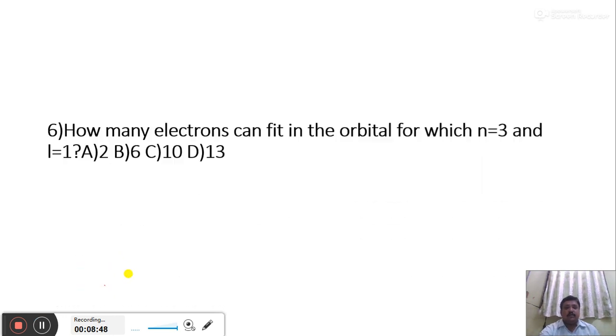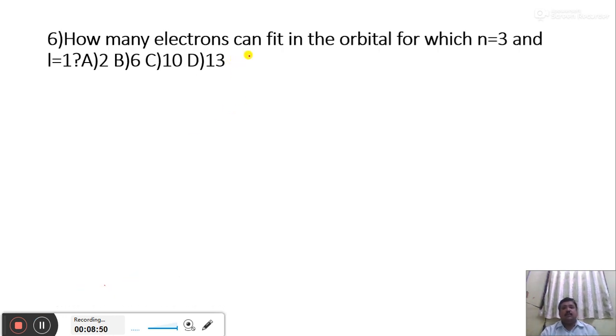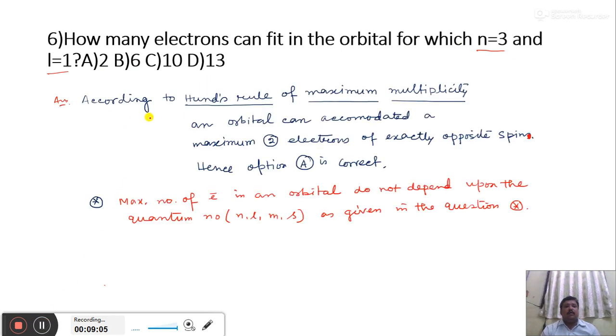My next question is: how many electrons can fit in the orbital for which n is equal to 3 and l is equal to 1? Option A 2, option B 6, option C 10 and option D 13. Now according to Hund's rule of maximum multiplicity, an orbital can accommodate a maximum of 2 electrons of exactly opposite spin.